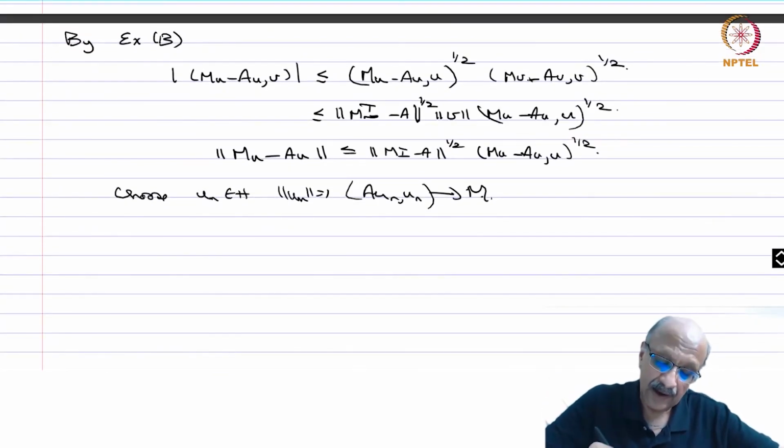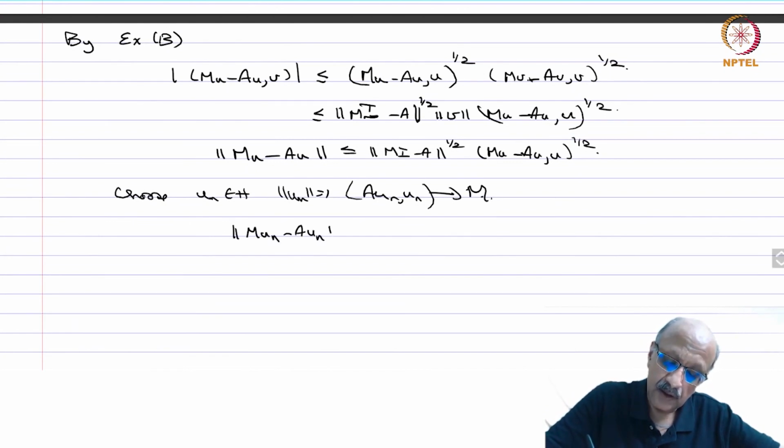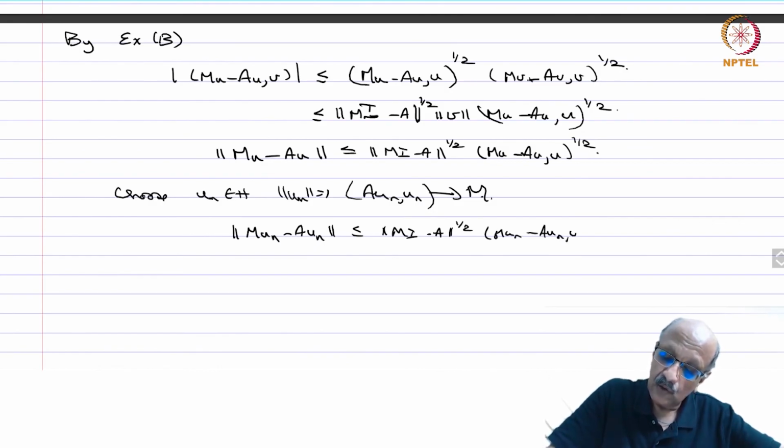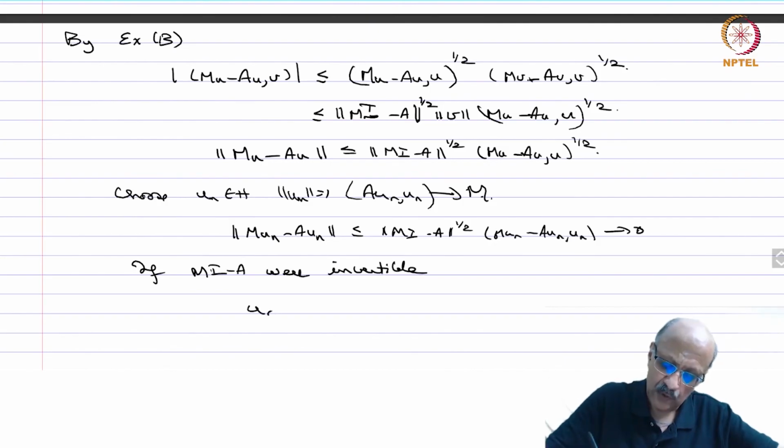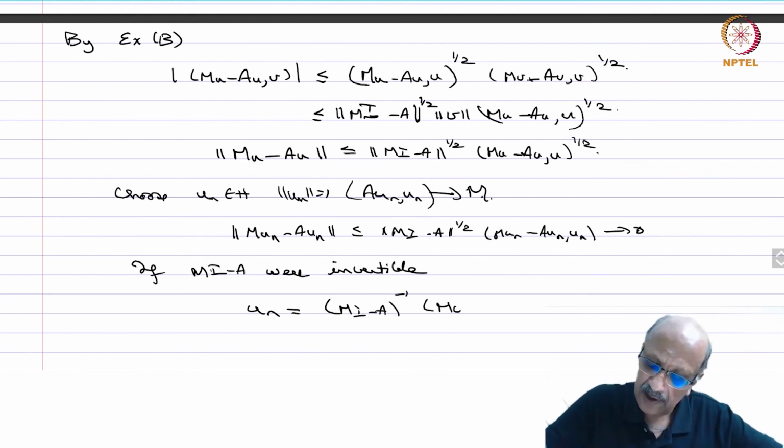If you apply that, you get that norm of Mu_n minus Au_n is less than or equal to norm of (MI minus A) to the power half times (Mu_n minus Au_n, u_n) to the power half, and that of course goes to 0 by our choice. So if MI minus A were invertible, u_n can be written as (MI minus A) inverse applied to (Mu_n minus Au_n).